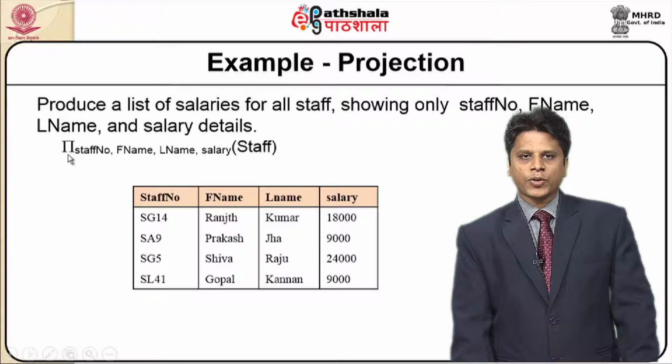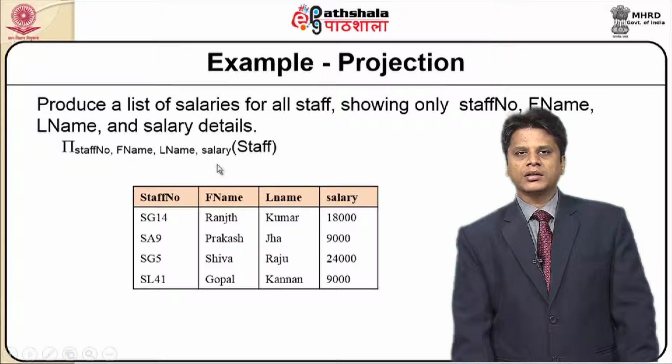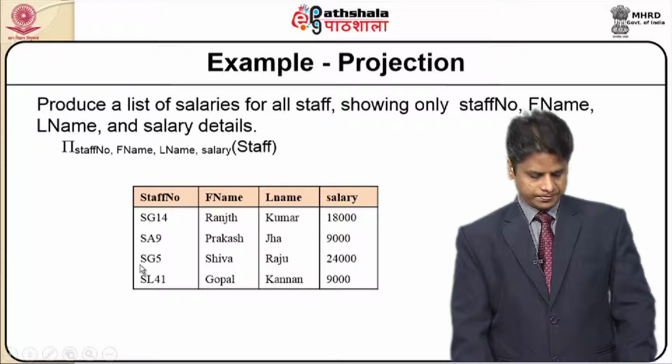So pi is for projection. From staff I am to highlight staffNo, fName, lName and salary. So this becomes the predicate for projection. I have highlighted staff number, fName, lName and salary, which is this.